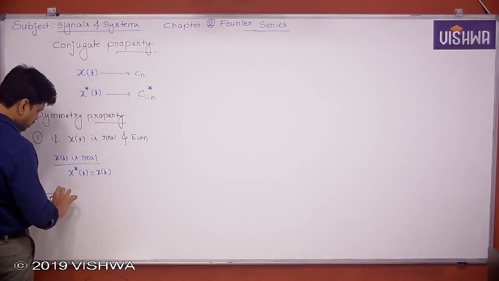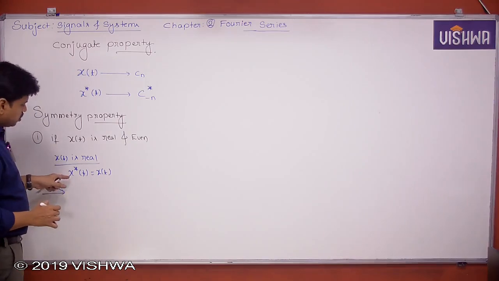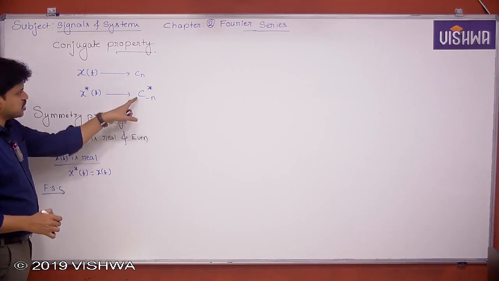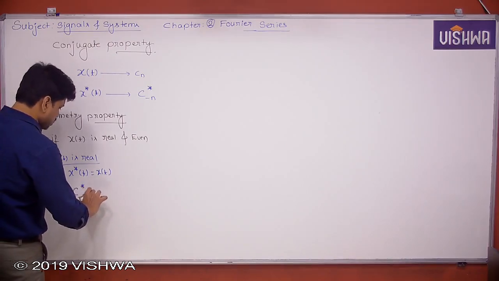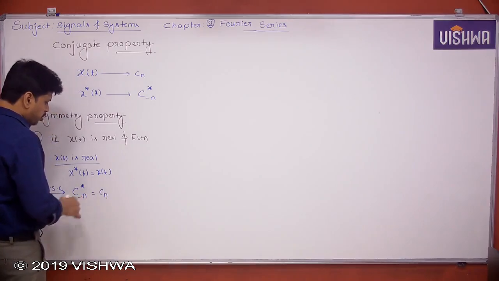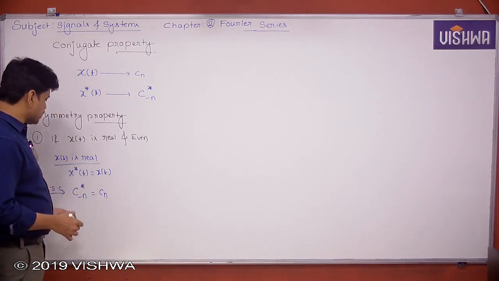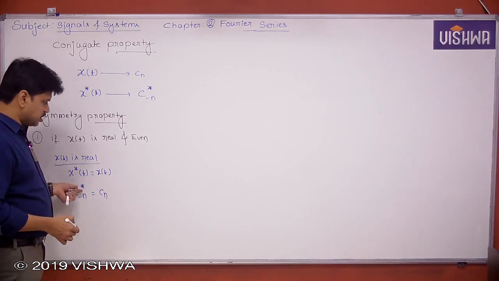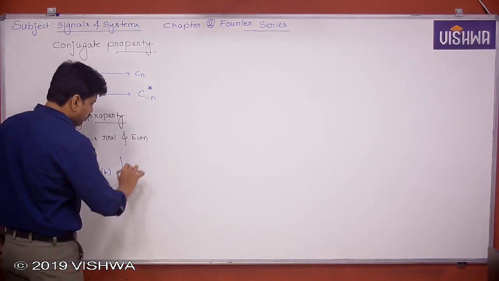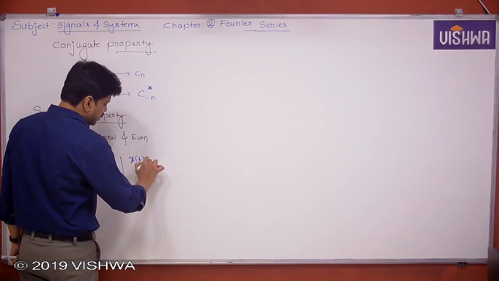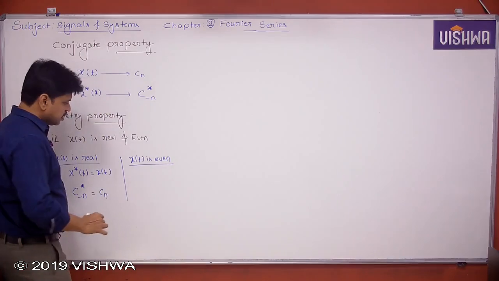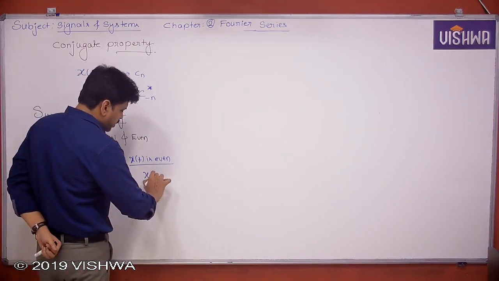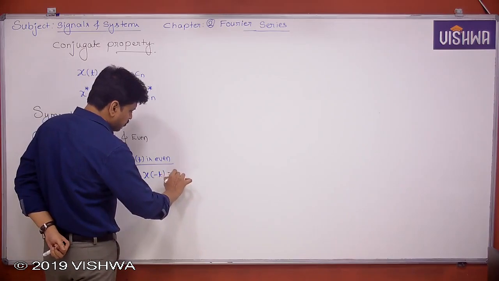Then if I apply Fourier series coefficient on both sides, we know x conjugate of t has Fourier series coefficient c minus n conjugate, which is equal to Cn. So this property we already know: whenever x of t is real, Cn is equal to c minus n conjugate. Now, if x of t is even, it has to satisfy x of minus t is equal to x of t.